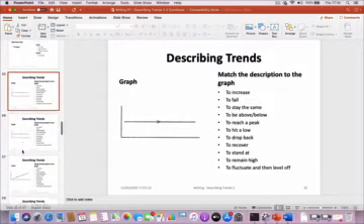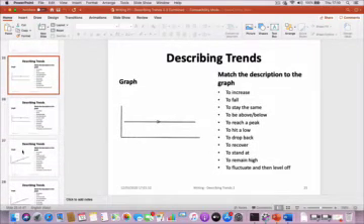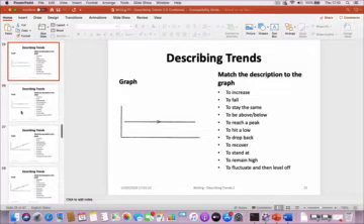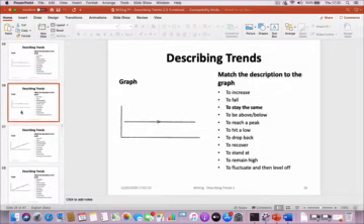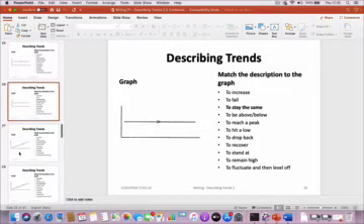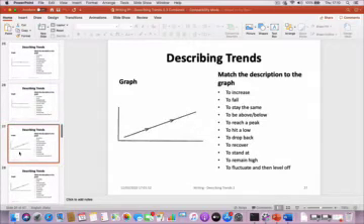Okay, this part now we have several very simple graphs, and we simply need to match the description to the graph. In the first case here, we have a horizontal line. We would describe this as to stay the same. We have a line here with an upward trajectory.